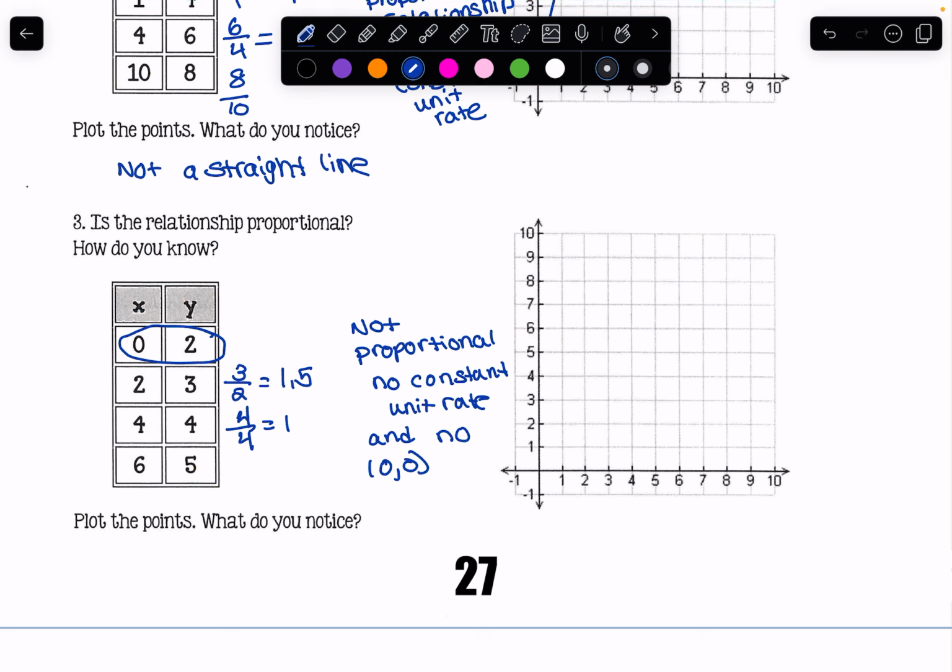Because if you think back to our examples of getting the same amount of money per person, if that was what this table was representing, that would mean that I would give an empty table $2. So I would be throwing money away, which doesn't make any sense. So now I'm going to plot the points. So I start at 0, 2, 2, 3, 4, 4, and then 6, 5.